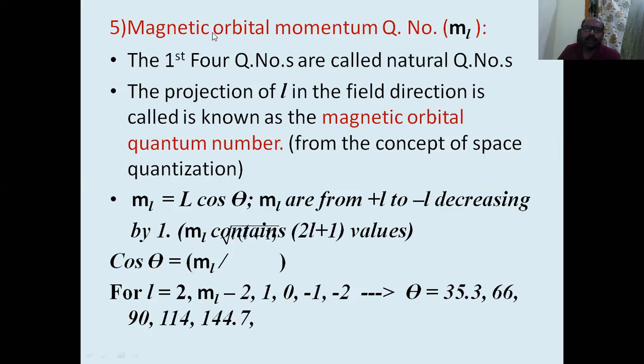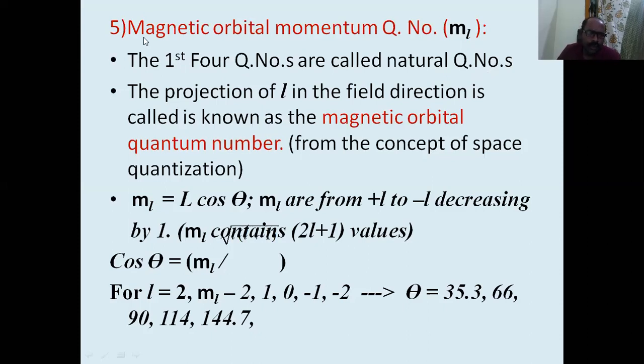But the above four quantum numbers are possible for all cases and for all electrons and atoms, so they are called natural quantum numbers.